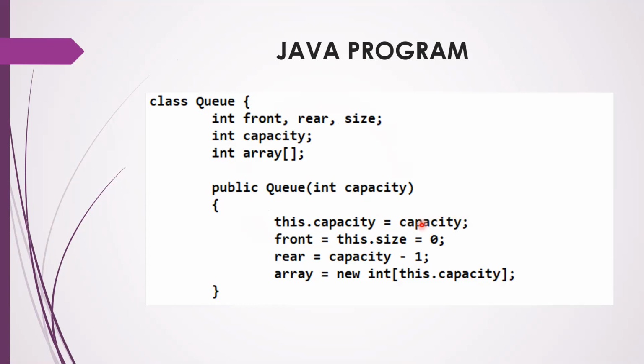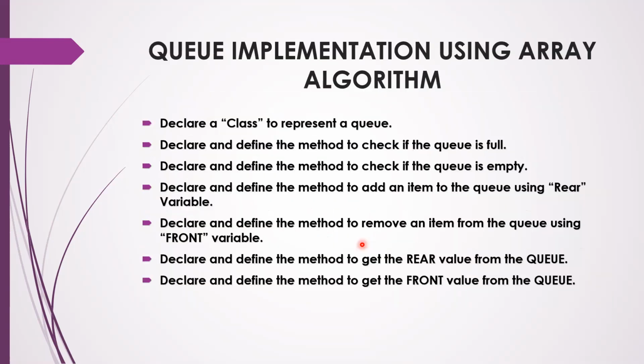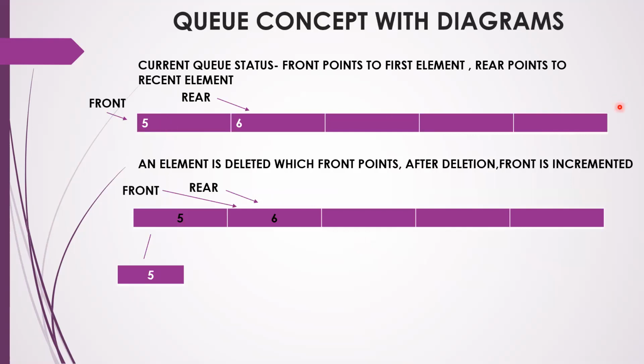That is the capacity value you're giving to this dot capacity. Now the size is accessed by this dot size. So if you use this, it will point to the current stage, current status. For example, this is the capacity. How much? 5. How much is the size? 2. So when you give this, you can know the current status.